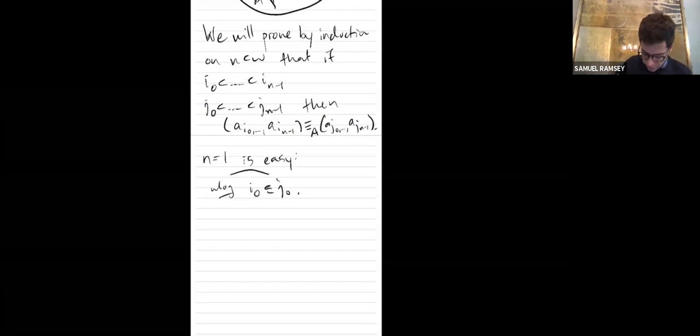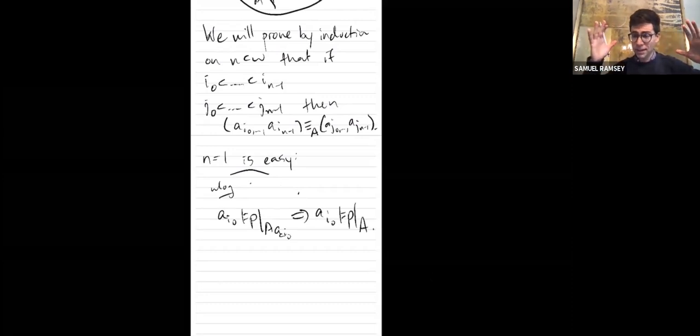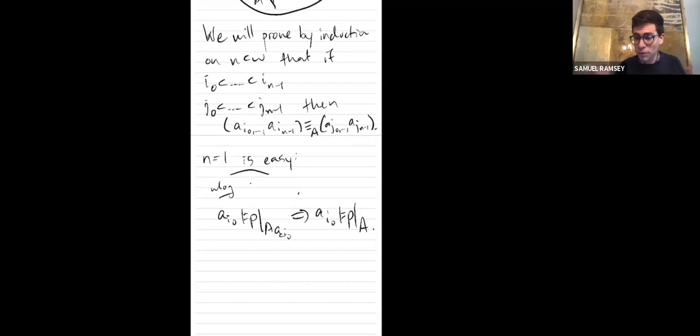Then we know that A_{i0} realizes P restricted to A less than i0. So in particular, A_{i0} realizes P restricted to A. If I take a type and I realize it over a big set, then I certainly realize its restriction to any smaller set. So if I just restrict to A, then I have a realization like that.